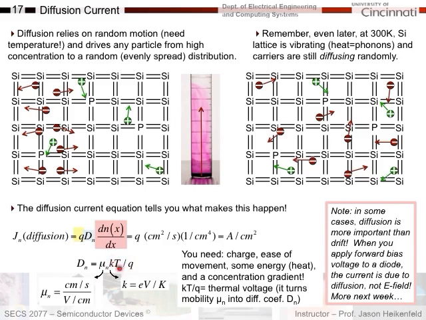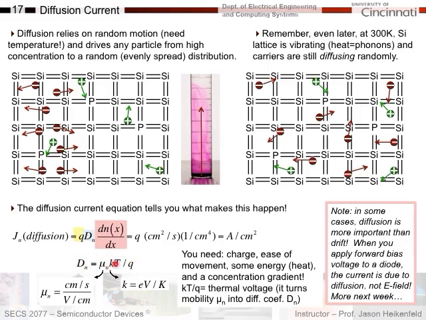And so this, kT over q, is called thermal voltage. It is critically important. It comes up again and again in this course. So be able to recognize that kT over q is thermal voltage and that it is the driving force that, when I multiply it by mobility, gives me how easily things will diffuse.